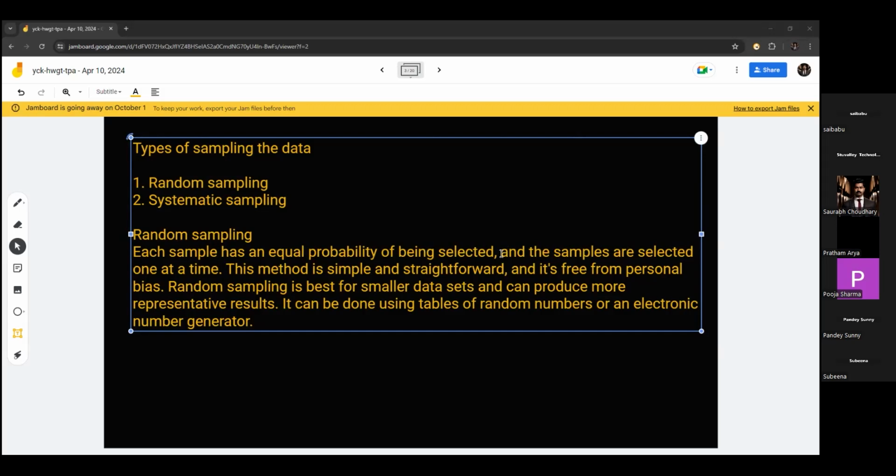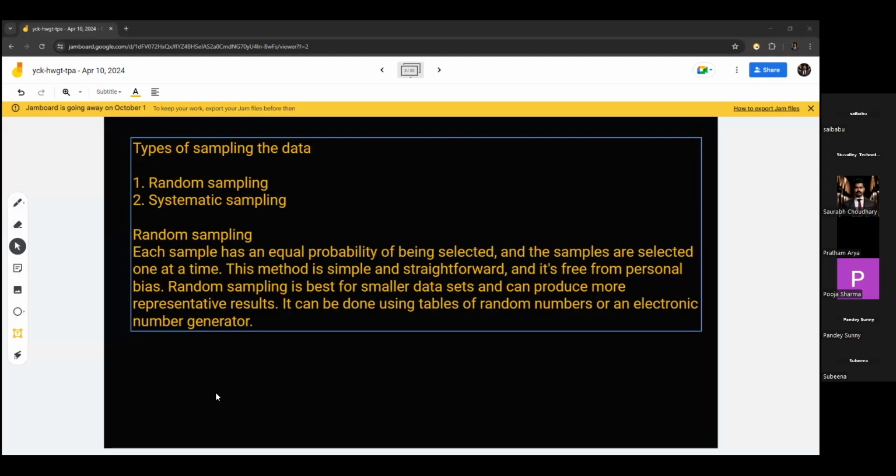The samples are selected one at a time. This method is simple and straightforward, and it's free from personal bias. Random sampling is best for smaller data sets and can produce more representative results. It can be done using tables of random numbers or an electronic number generator.